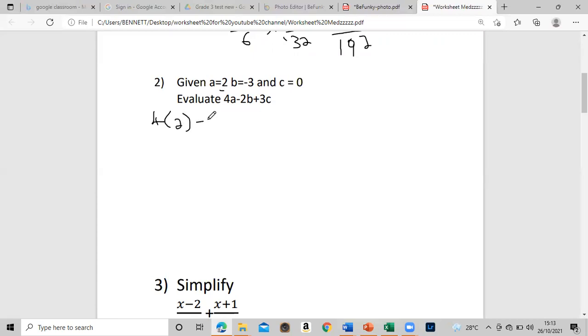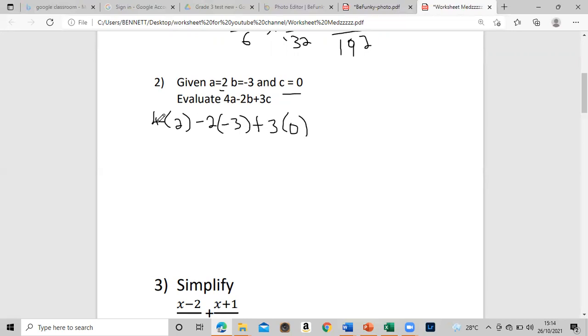Minus 2, and b is minus 3, plus 3c, and of course c is 0.